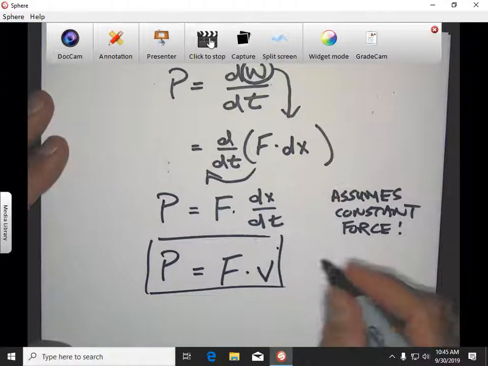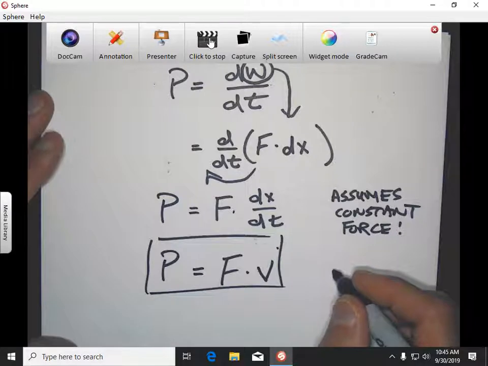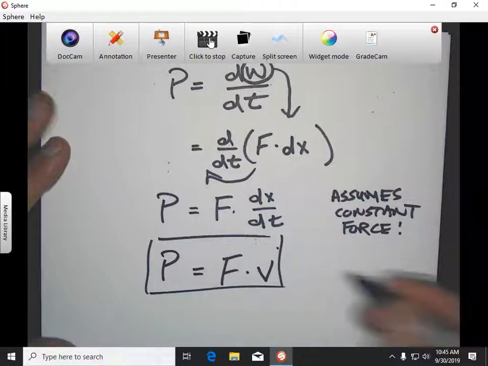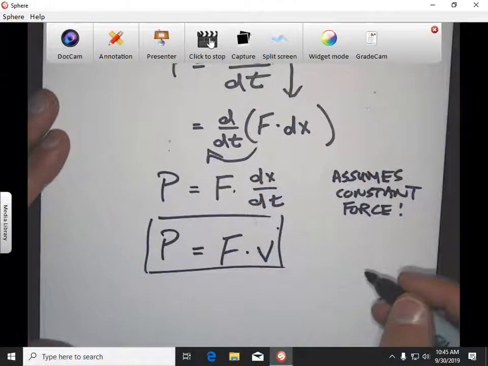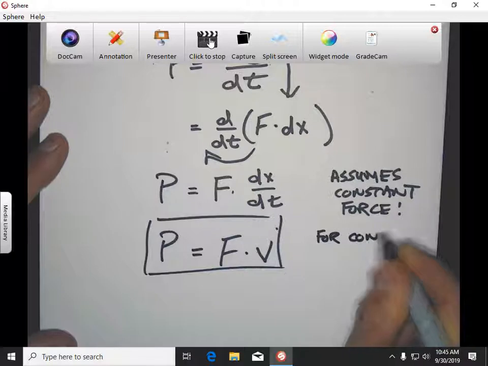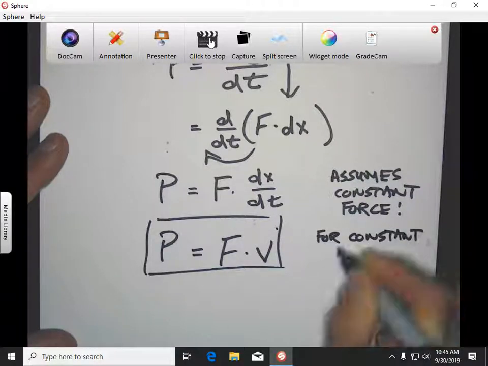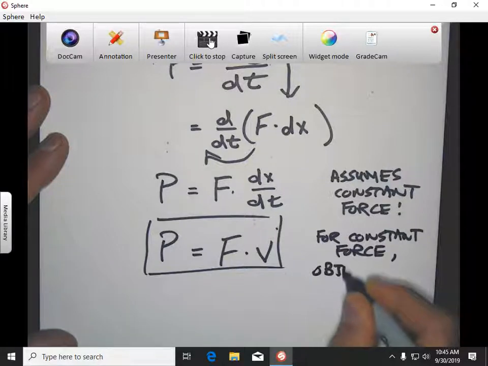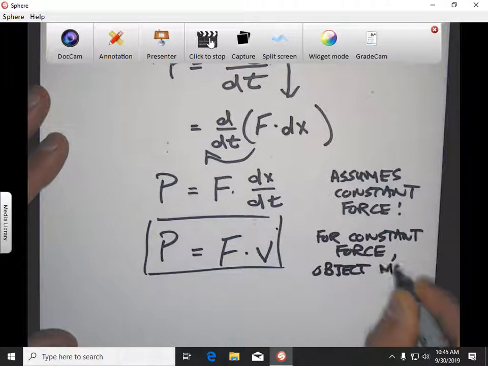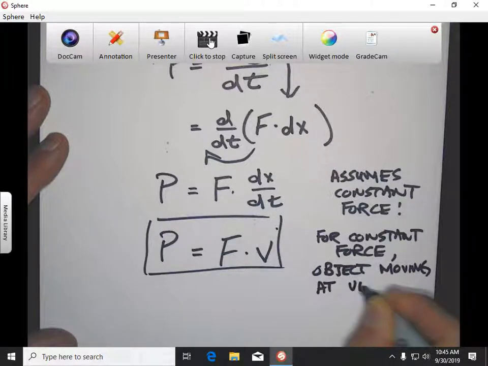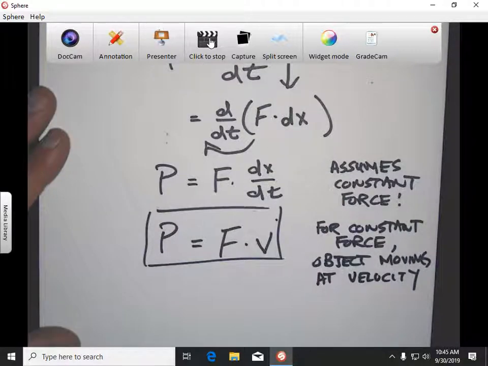It's the power that's basically being exerted by a constant force when the object is moving at a particular velocity. Okay, so again, this is for constant force. I guess we already wrote that, but the idea is now the object is moving at some velocity.